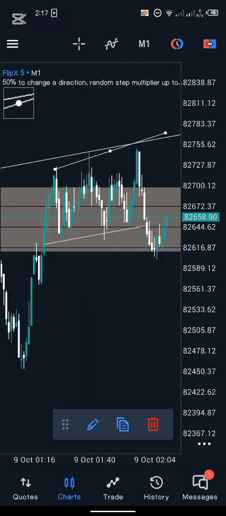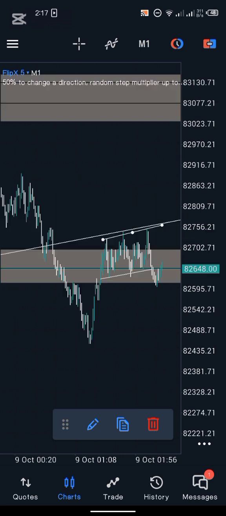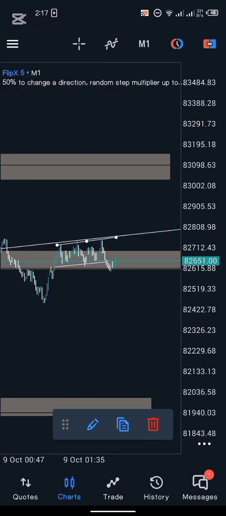But once we go back to our Flip X, we see that there's another pattern here, created on a 1 minute chart, and this pattern gives us a signal of a sell again.